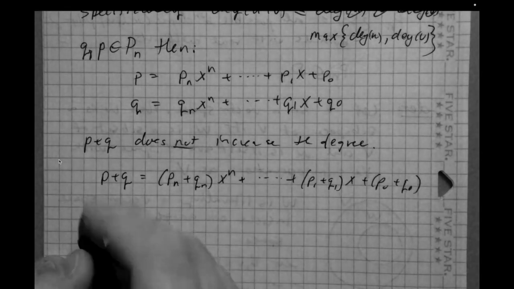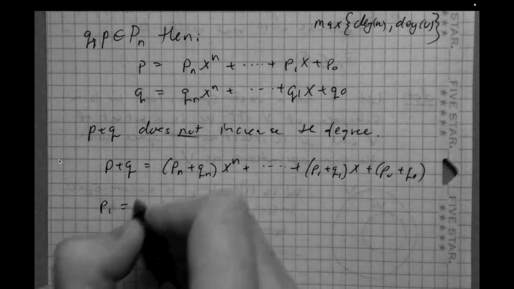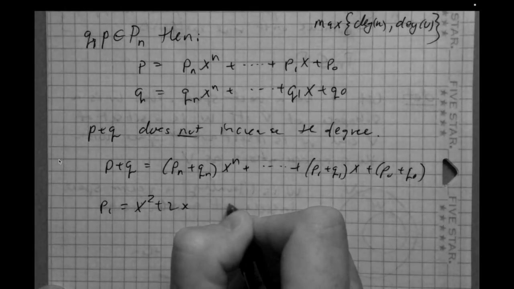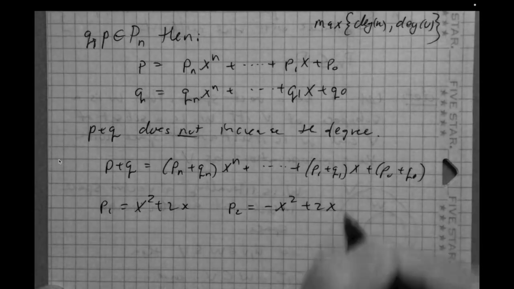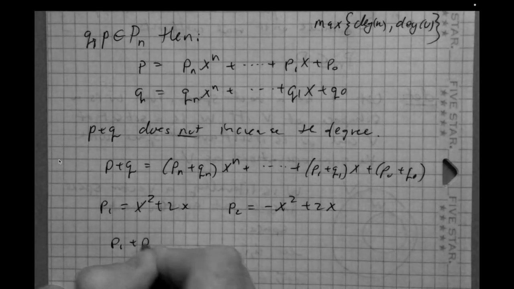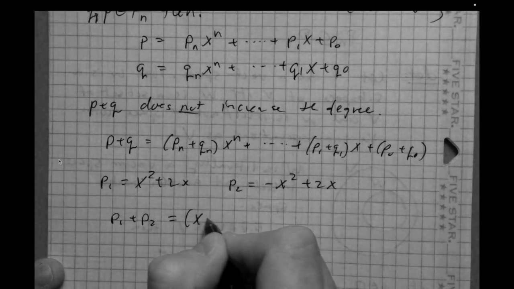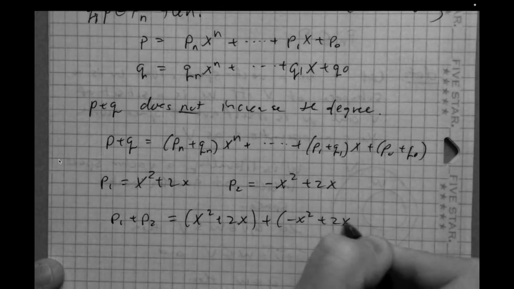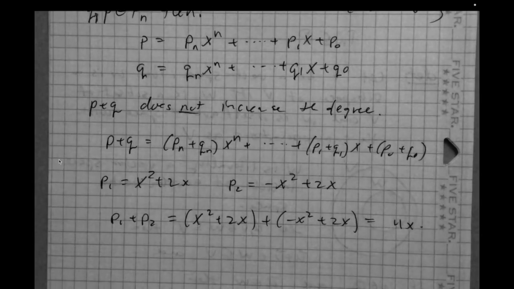We saw this example last time, but let's make sure that we see this. P1, maybe I'll say that's x squared plus 2x, and P2 will make negative x squared plus 2x. When I add these together, what do I get? Well, I get x squared plus 2x plus negative x squared plus 2x. And so, of course, I get just 4x. So the degree can drop, it can decrease, but it can't increase.